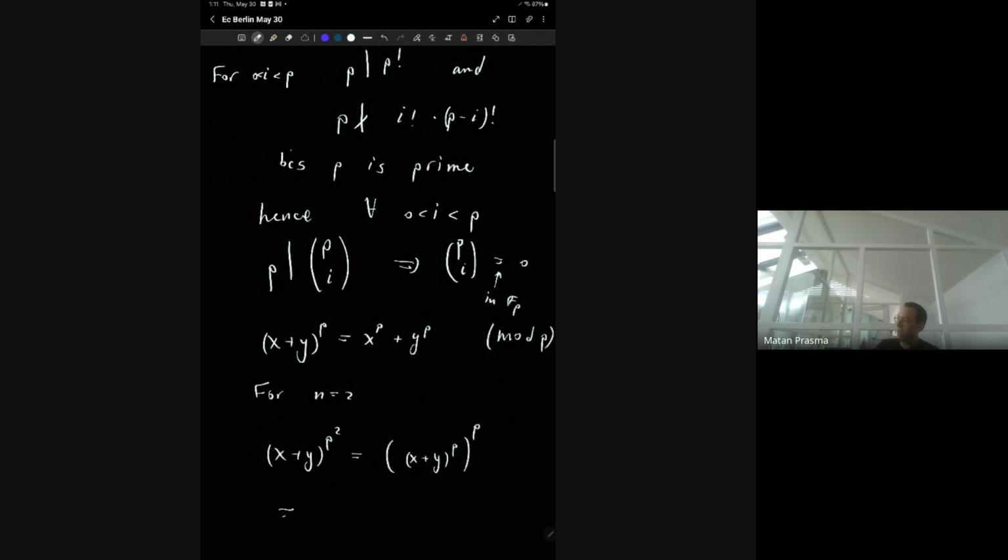But by the n equal 1 case, this is equal to (x^p + y^p)^p.